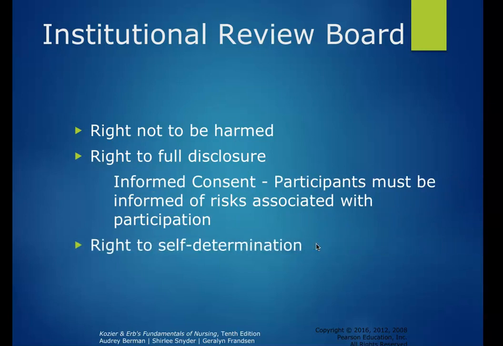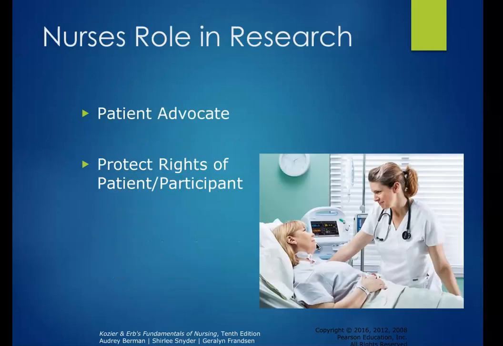They have the right to self-determination, so they can decide to stop or to start. They have the right to privacy and confidentiality. That means whatever the results are, they might be described with certain defining facts, but their name is not going to be disclosed.